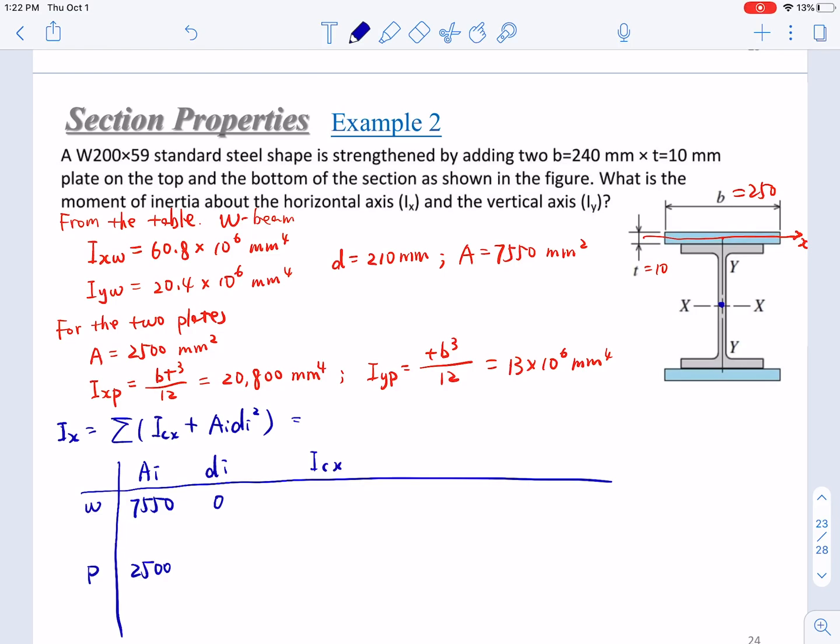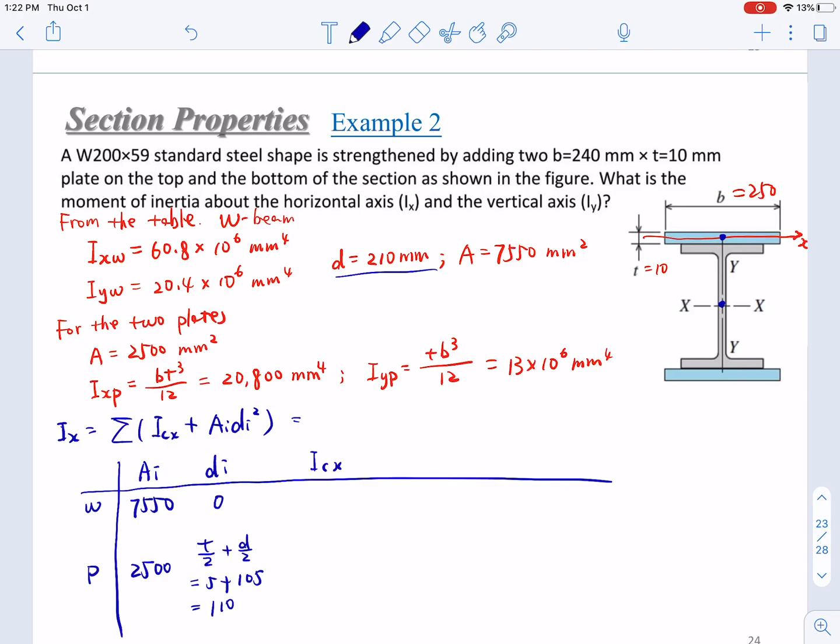About dP, from this local centroid to the overall centroid, it will be half t plus half D. So half t will be 5, since t equals 10, plus half D, the depth here, 105. So this will be 110.